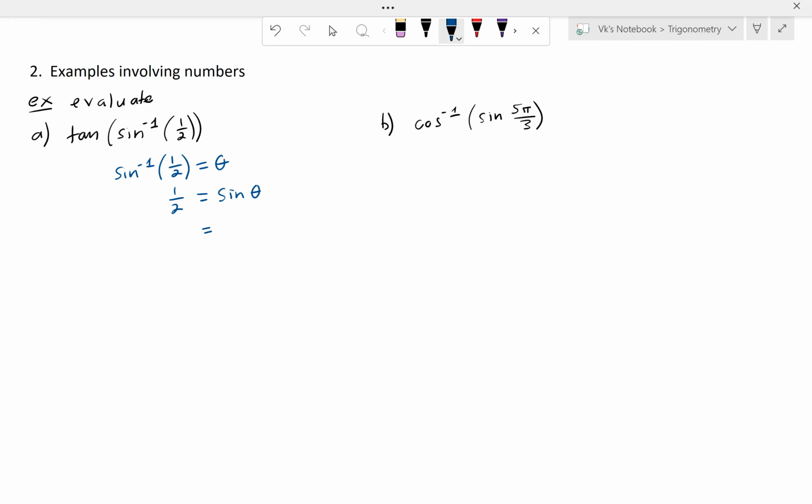And let's be careful there. The angle here has to be between negative pi over 2 and pi over 2.